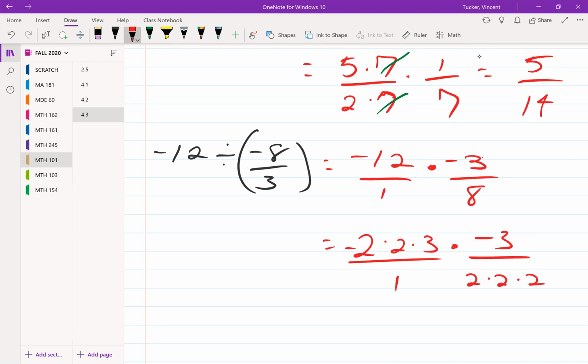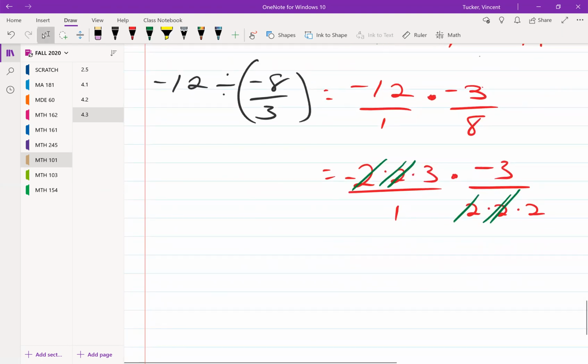And don't forget, you don't always have to break it down to prime numbers. If I wanted to break them down to 4 times 3 for the 12, 4 times 2 for the 8, I could have done that. We just want to make sure everybody's okay and everybody's with me. So the 2's cancel. Also, you have a negative times a negative here. They're going to cancel for us.